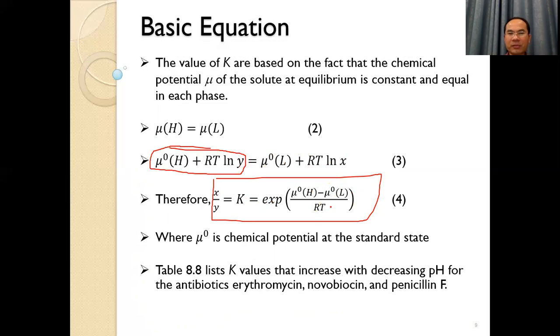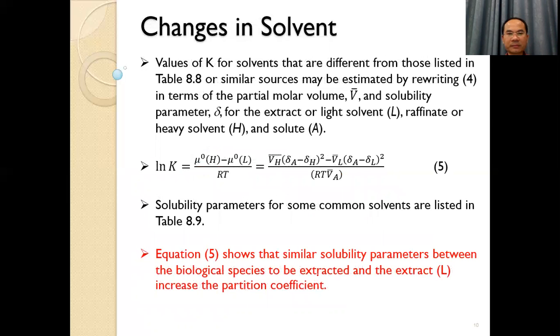You can use this equation to estimate the K value theoretically, and also the K value increases with decreasing pH for antibiotics, like we showed you in the previous table.